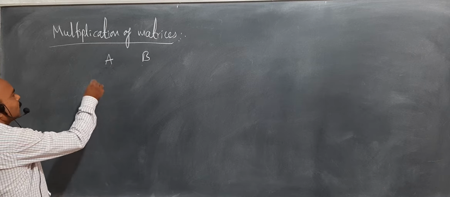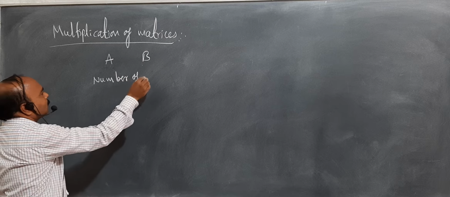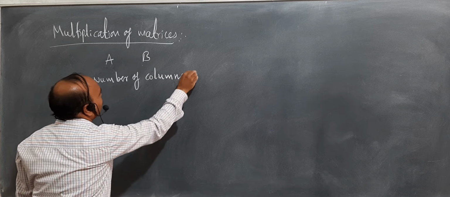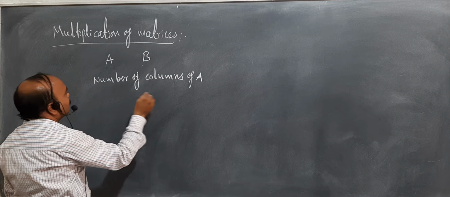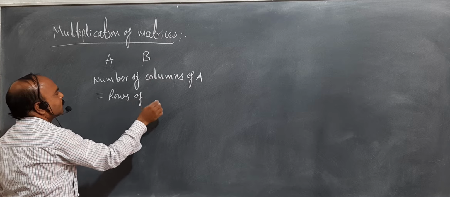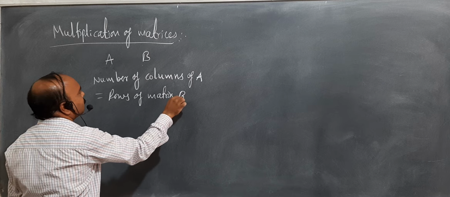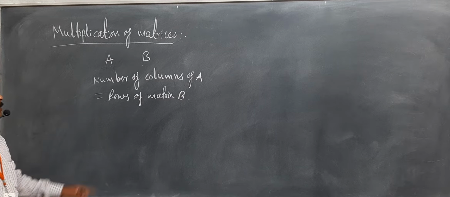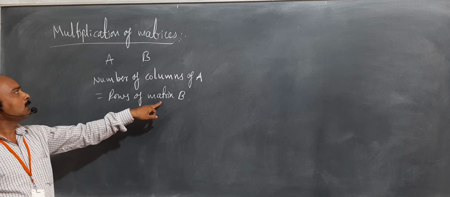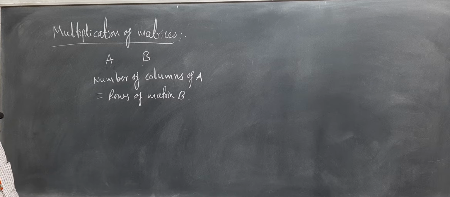That is, number of columns of A should be equal to rows of matrix B. Then AB exists, otherwise AB will not exist.